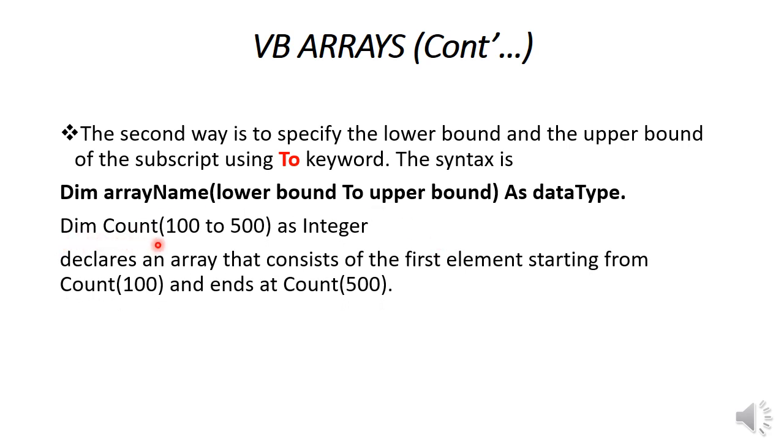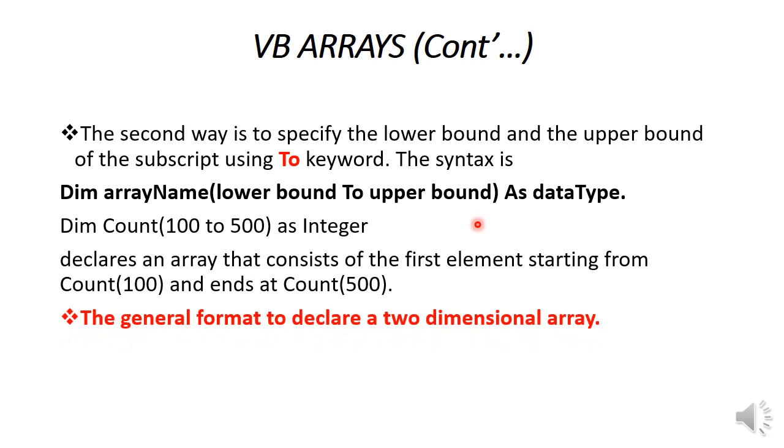For example, I have an array which is called count, and this array starts from 100 to 500. So the total number of elements to be stored by this array will be known by counting the numbers from 100 to 500. So in this case, you will not start with 0 index. You start with 100, which is the lower bound. This is the keyword, and 500 is the upper bound.